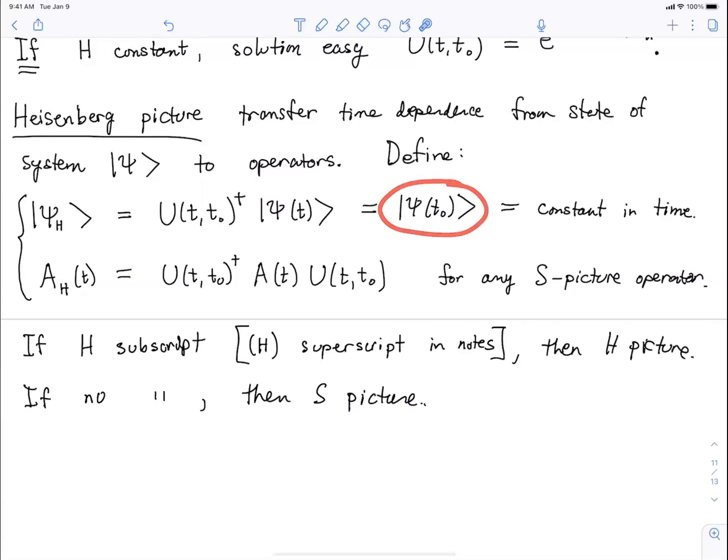This is Schrodinger, and so this is saying the Heisenberg state at all times is equal to the Schrodinger state at time t0, which is why I didn't put a t there, even though I could have perhaps, but it doesn't change with time, so that's why I didn't bother. And then these are all Schrodinger picture operators, and this is how the Heisenberg picture operator changes in time.